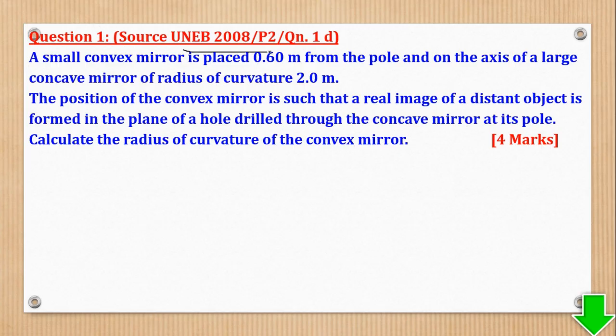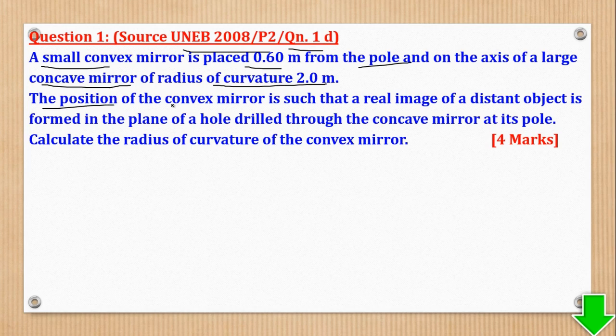The first one came from UNEB 2008 paper 2 question 1D, and it says a small convex mirror is placed 0.6 meters from the pole and on the axis of a large concave mirror of radius of curvature 2 meters.